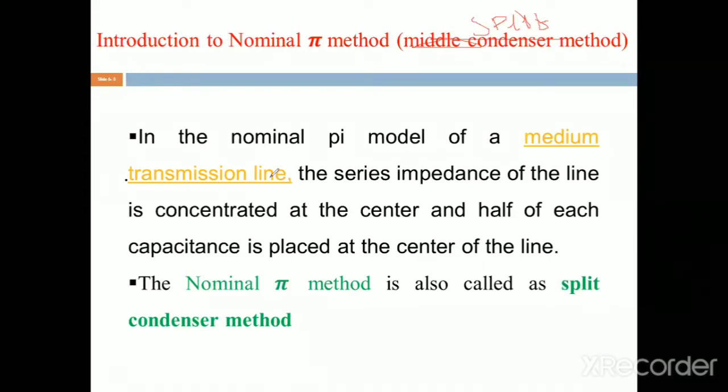Also, the impedance and the capacitances are connected in the shape of a pi.